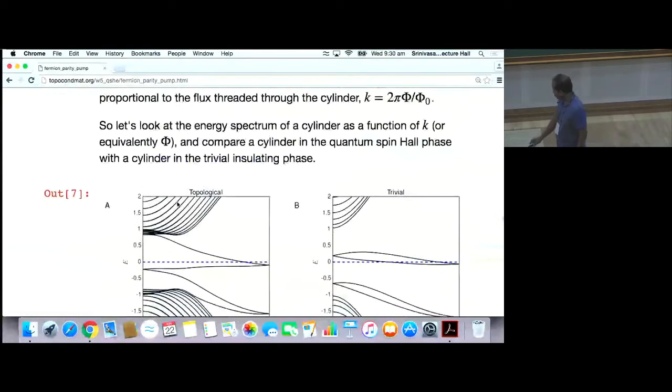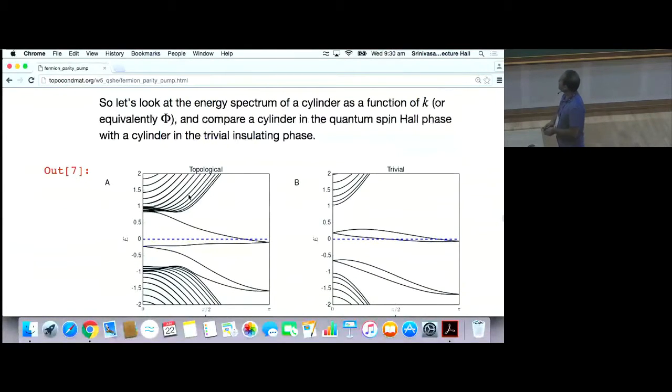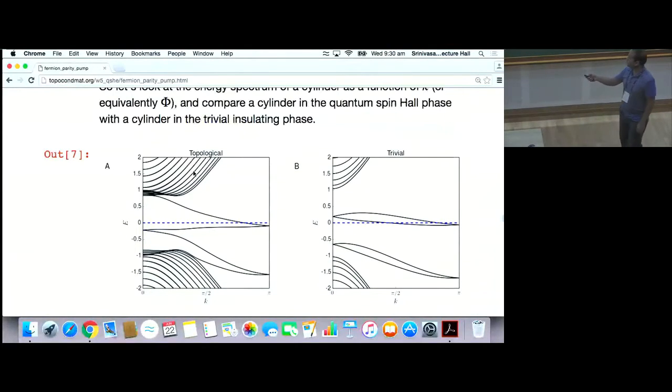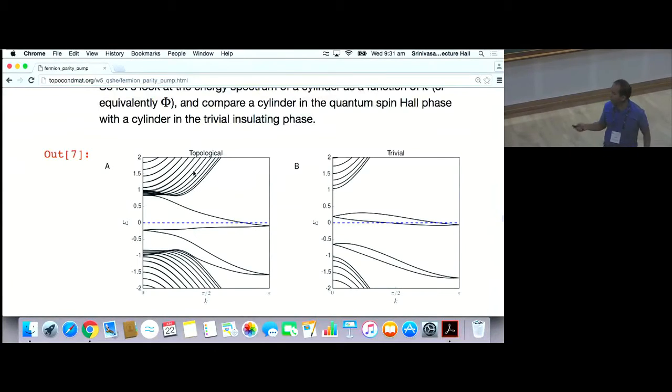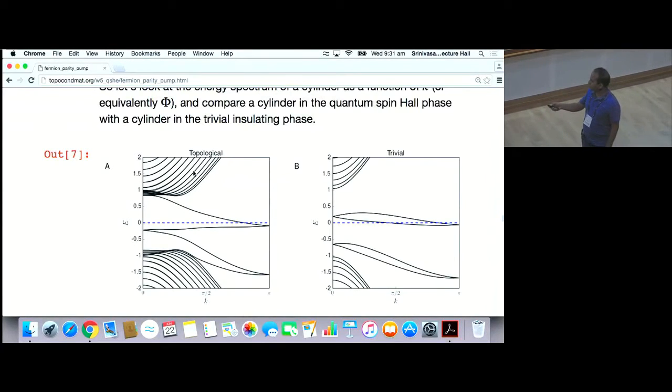So what you do is you plot the band structure of the Corbino, of the strip, right? So it's a 2-dimensional strip, and as a function of k, where k is the wave vector, the momentum along the Corbino geometry.